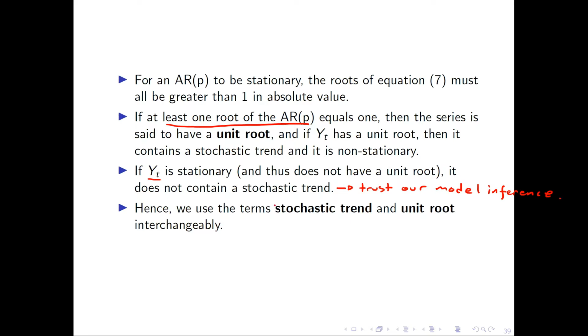This is why we often use stochastic trend and unit root interchangeably. Some people talk about unit root, and other people talk about stochastic trend, but they are really just the same kind of process.